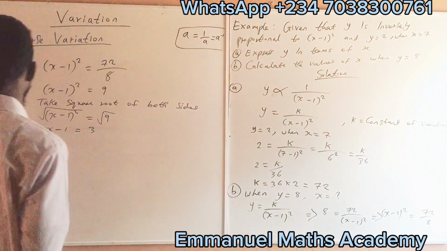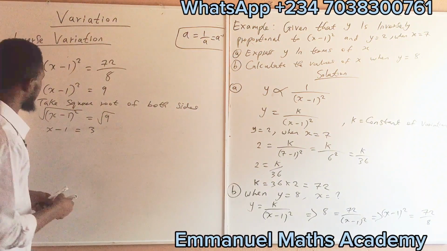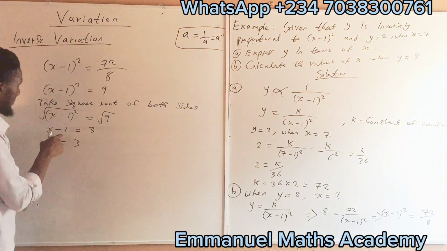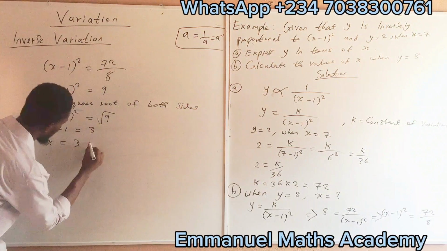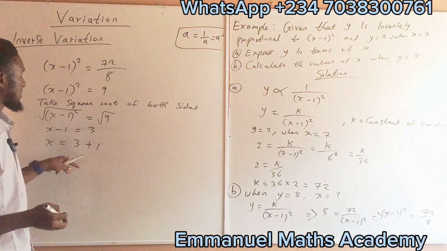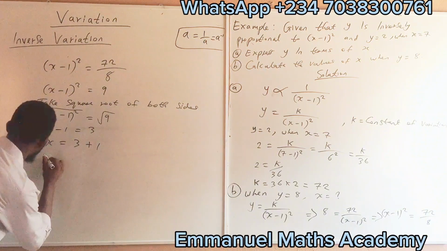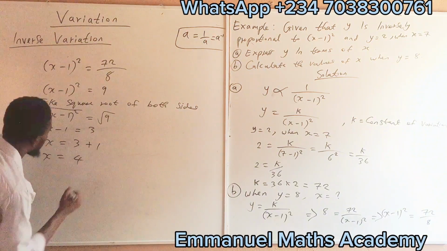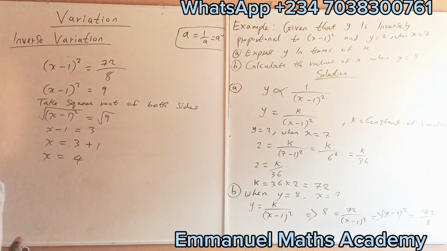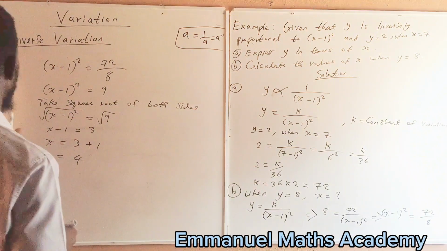You now make x the subject of the formula. X is equal to 3. This will now come to this side. You change to plus, because when the sign of subtraction crosses the sign of equality, it changes to plus. We now have that our x is equal to 4. That means our x is equal to 4 when y is equal to 8. As simple as that.